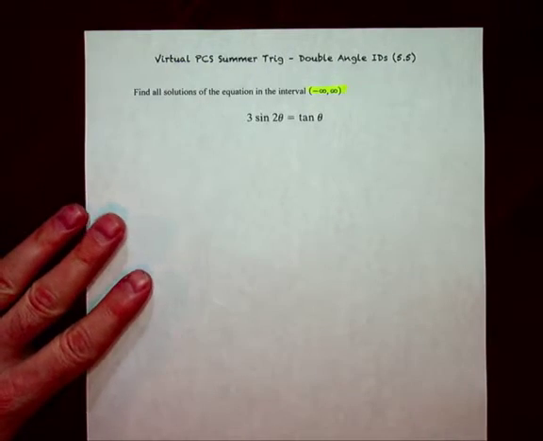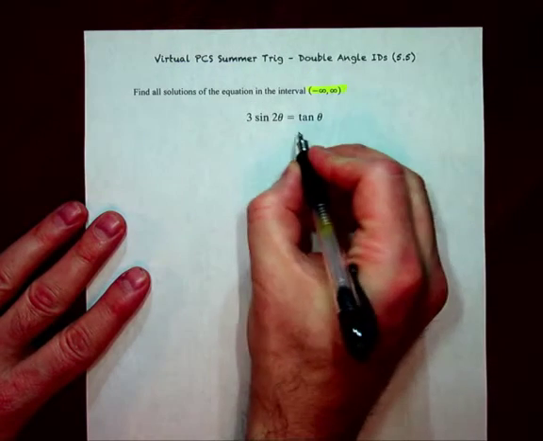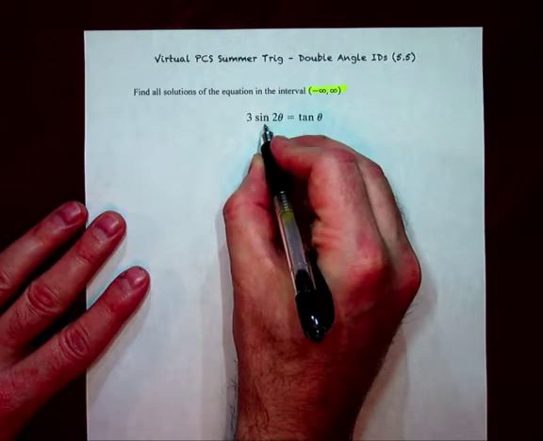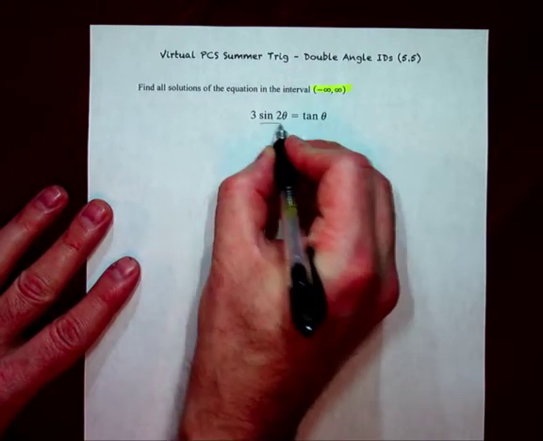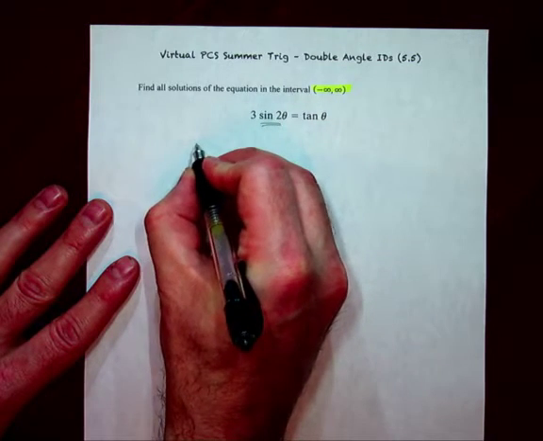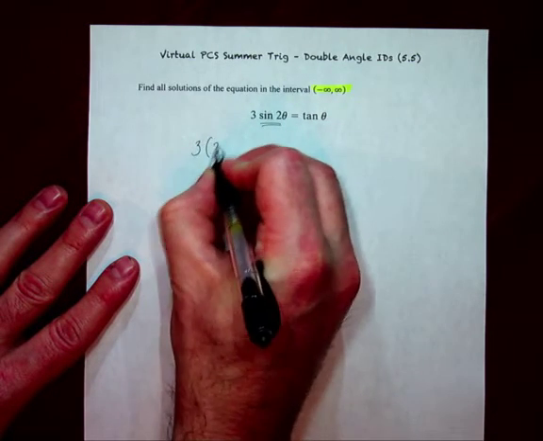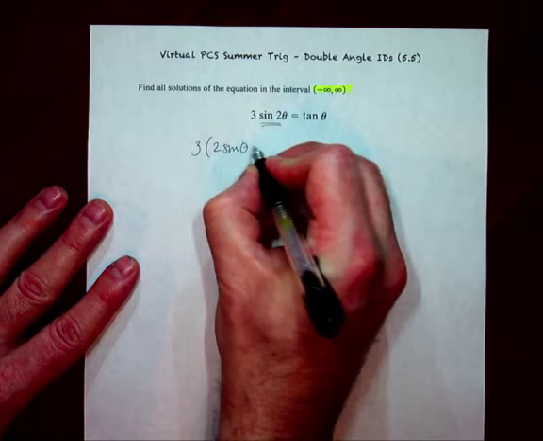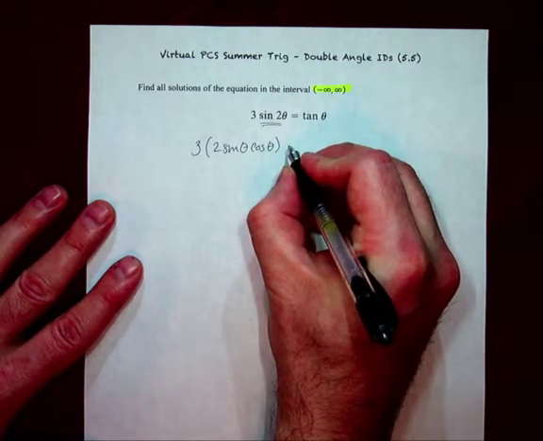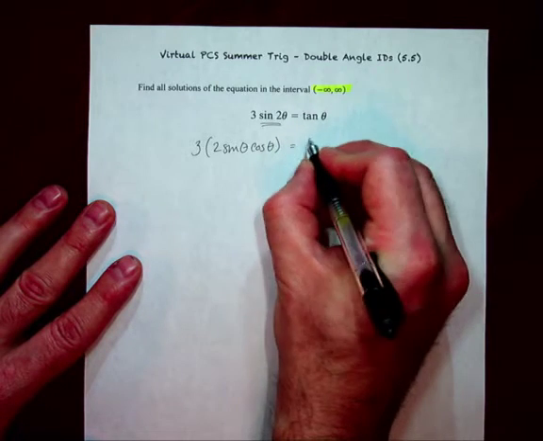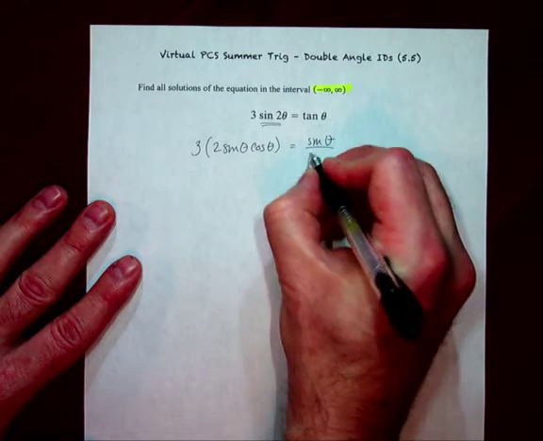Now, what I need to do is, this is in terms of tangent, this is in terms of sine, but tangent has sine inside of it, so really the emergency is to get rid of that right there. So that becomes 2 sine theta cosine theta, and the 3 just sort of comes along for the ride, and that is equal to sine theta over cosine theta.